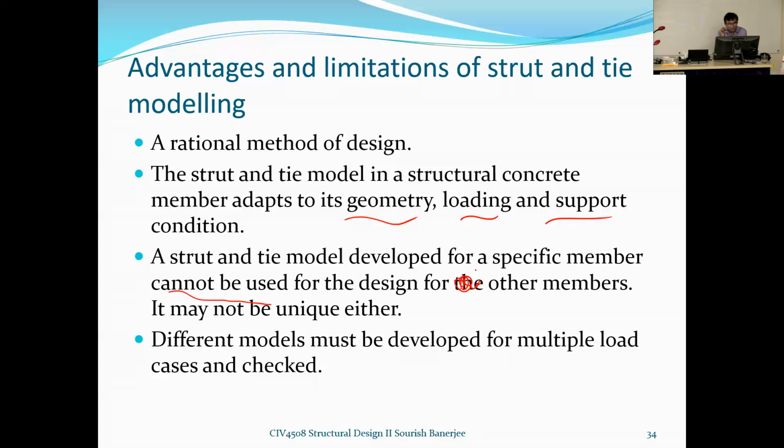So it may not be unique means if you have different designers, they may come up with a different strut and tie model. That means you can have slightly different designs even for the same structure, which is fine. Different models must be developed for multiple load cases and checked. This is very important. For multiple load cases, if you have different models, then you can check them.